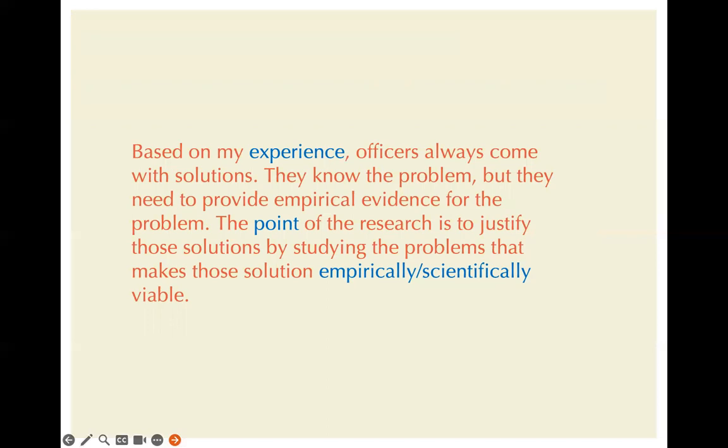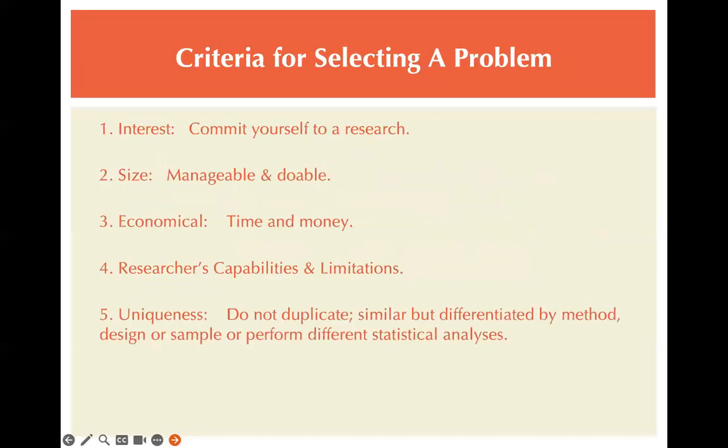But in order for us to be able to justify the solutions that you have in mind, you need to be able to provide us with empirical scientific evidence that the problem that you experience does exist. And that's why you need to take 2 steps back. Now, in taking 2 steps back, of course, there are things you have to take into consideration.